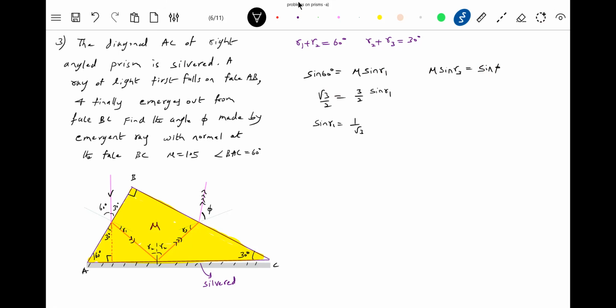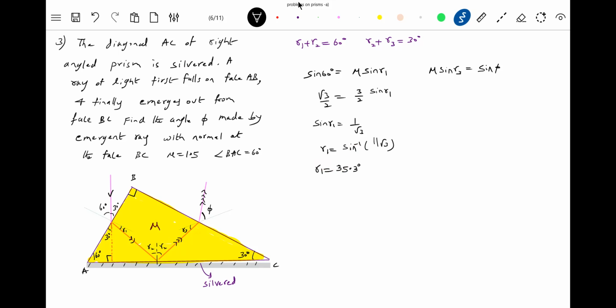Let me check with the calculator. R1 equal to sine inverse of 1 by root 3. How much will R1 be? I have to calculate it. There's no other way. We have to use the scientific calculator, or else in the exam they will mention. So R1 equal to 35.3 degrees.